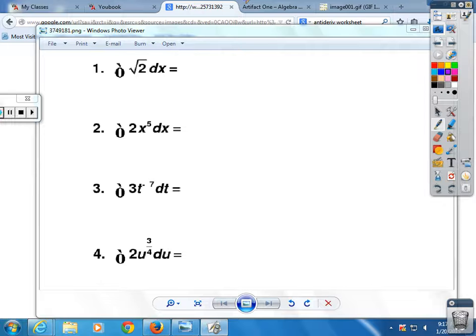Radicals in calculus, what? Don't mix. That's right, class. So, antiderivative of 2 to the what? 1/2. That's right, class. dx.